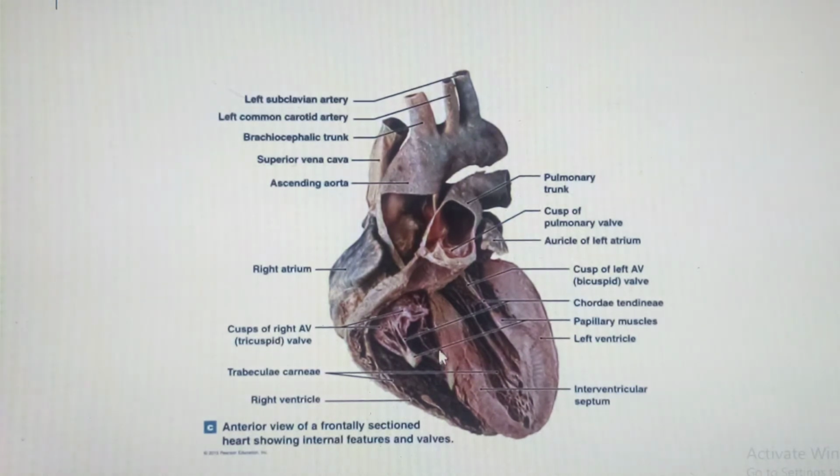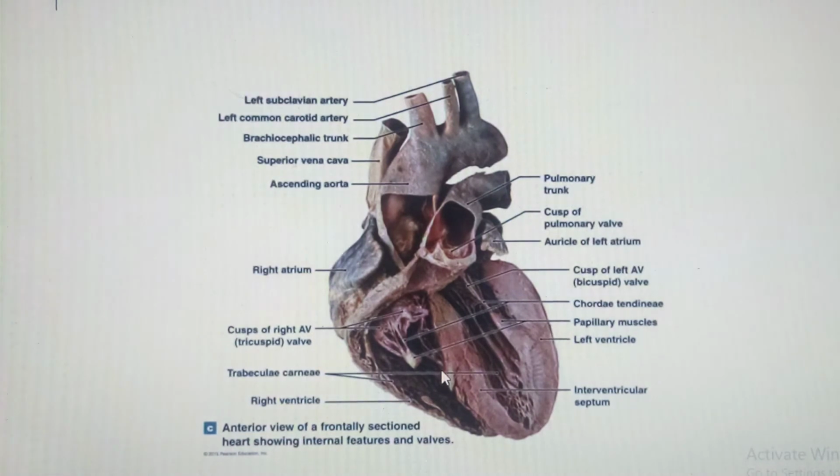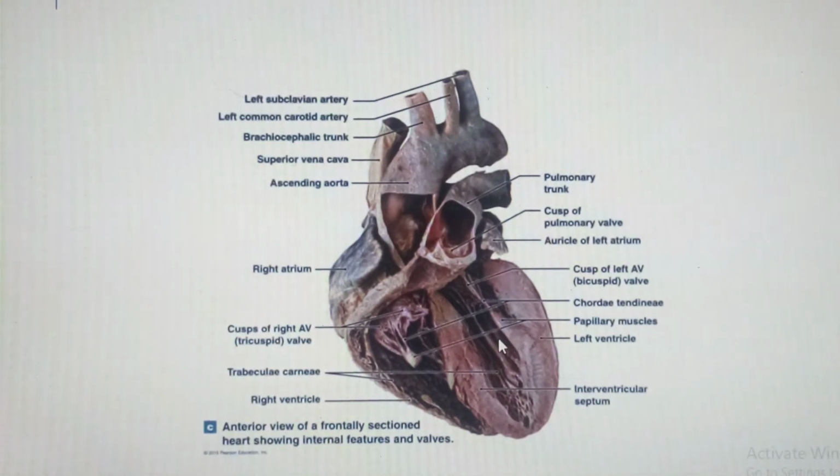Get to know that we don't have a septomarginal band, or moderator band, or septomarginal trabeculae, in the left ventricle. That's what we don't have. But essentially, we are going to have trabeculae carneae to make the inflow part rough.